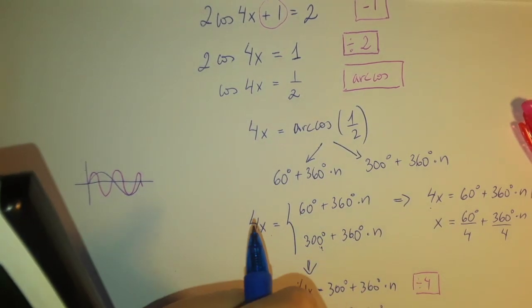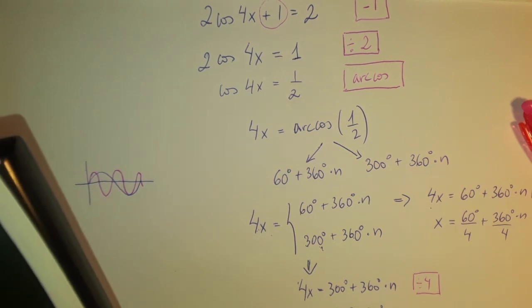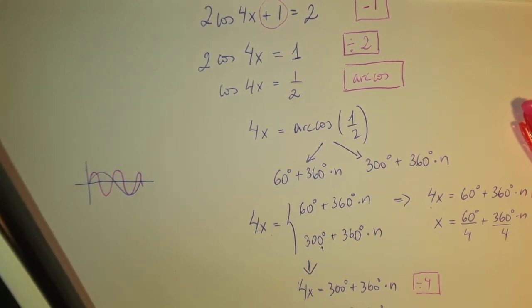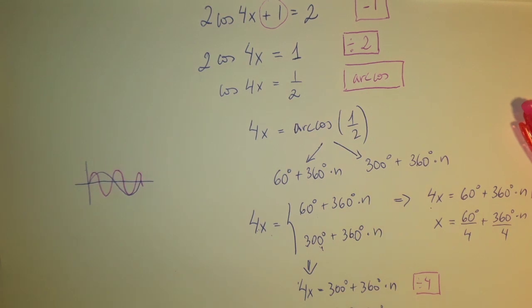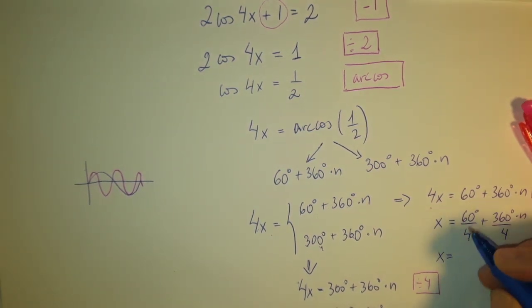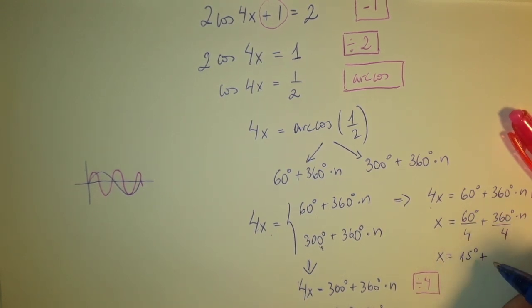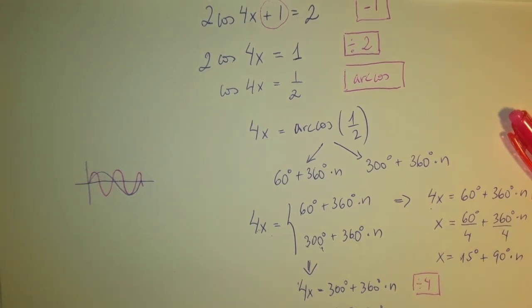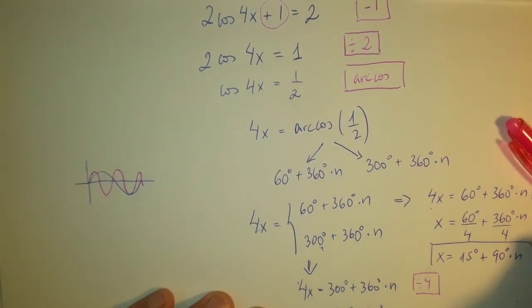If you take the calculator and you do the math of it, what you're gonna get is, for this one, 60 over 4 is 15, plus, and this is 90 times n. That's one solution.